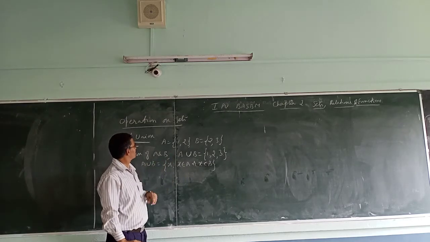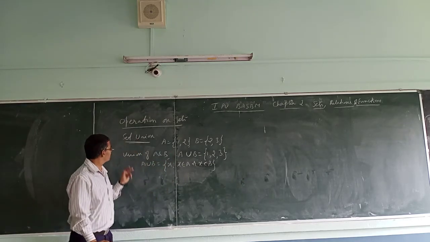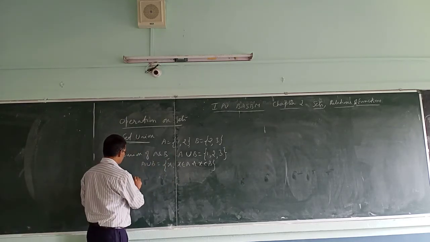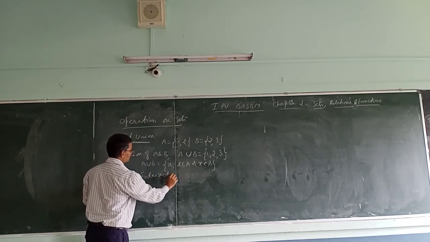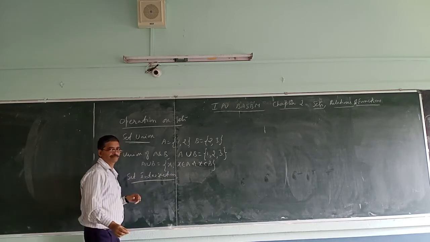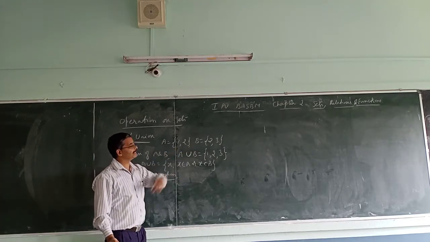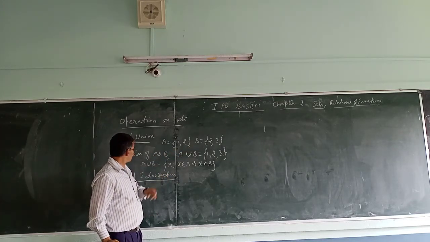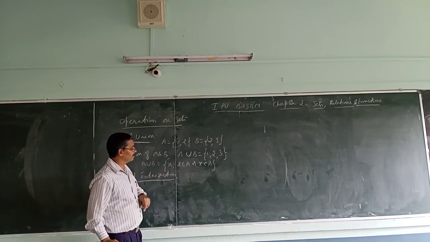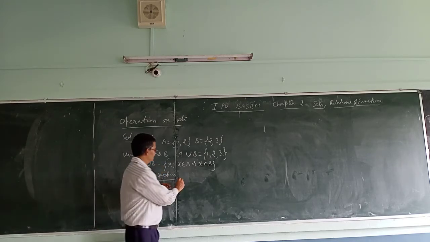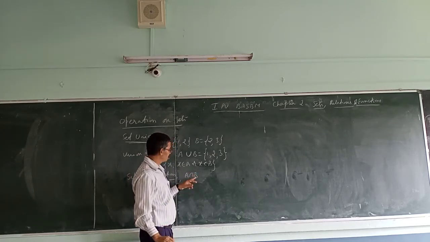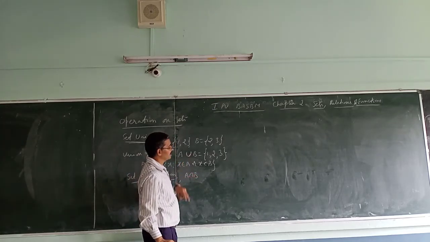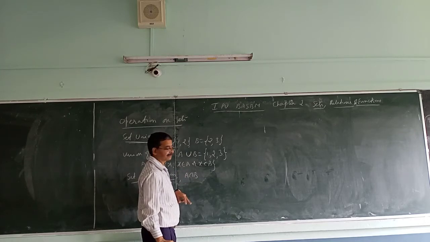Next, intersection. So what is intersection of sets? Again I will take this example. Intersection of sets A and B is written like this: A intersection B. This symbol is used for intersection, and this symbol is used for union.